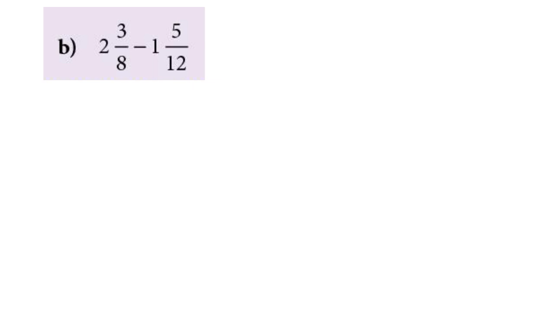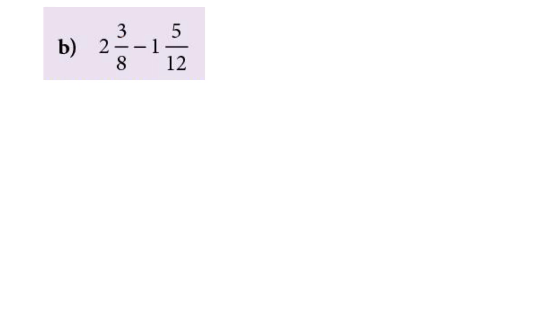Let's try this. 2 3 over 8 minus 1 5 over 12. How are you going to subtract these two fractions? Since these fractions are mixed numbers, we will first change them into improper fractions. And how do we change a mixed fraction into an improper fraction?